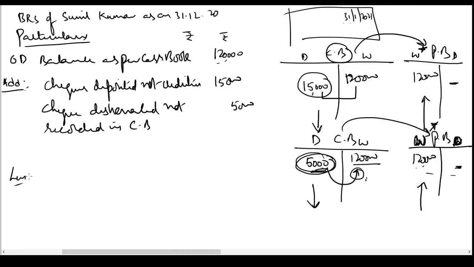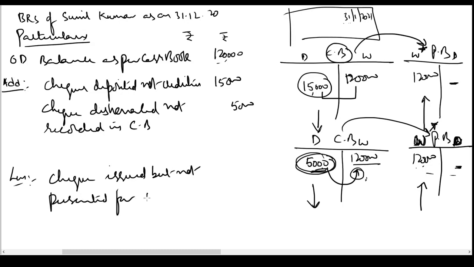Less item, check issued but not presented for payment 12,000. So now the total will be 120 plus 15 is 135, plus 5 is 140, minus 12 is 1,28,000.